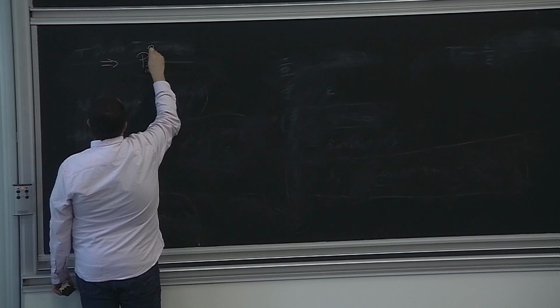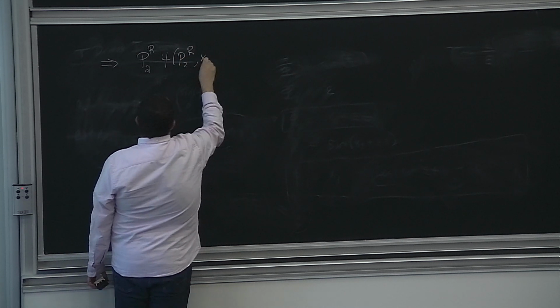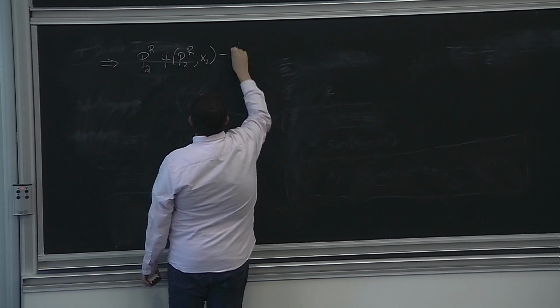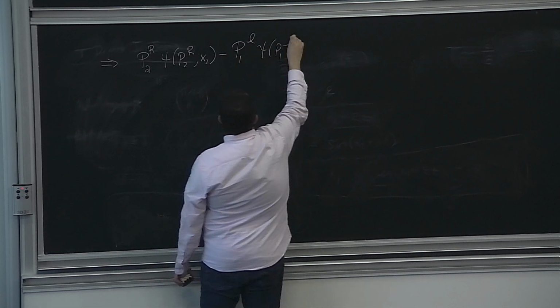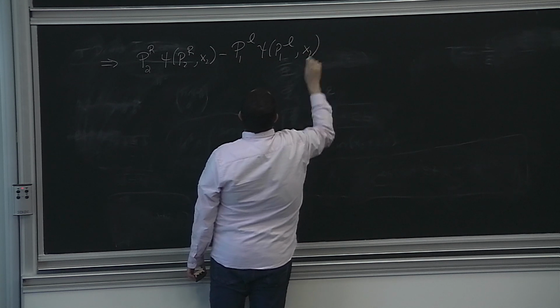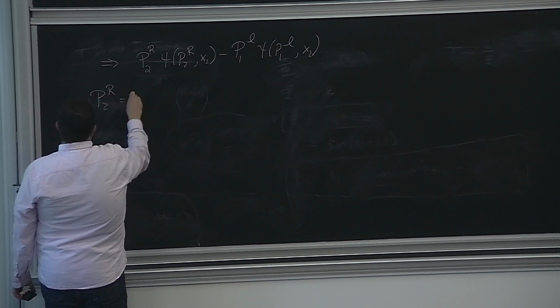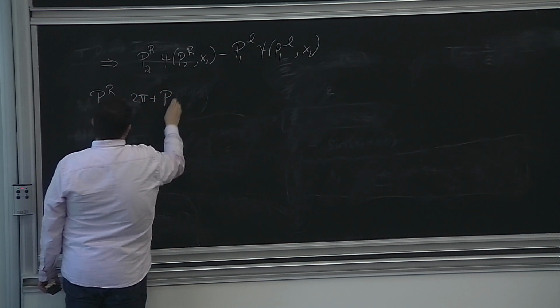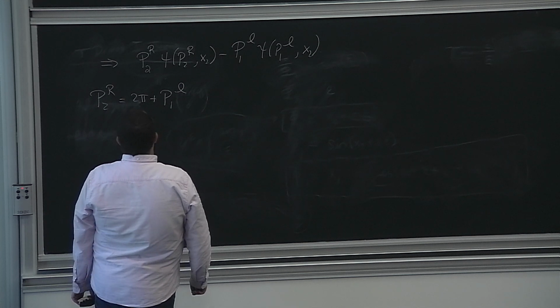P2R psi of P2R, x2 minus P1L psi of P1L, x2. And I know that P2R is just 2 pi plus P1L.